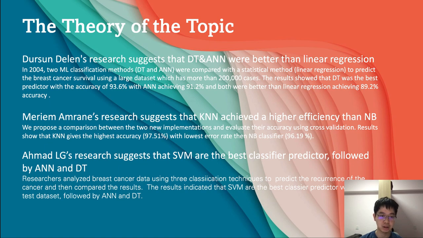And Amarin's work compares two new implementations and evaluates their accuracy using cross-validation. They found that the KN model achieved a higher efficiency than the NB model. And Ahmad Alg's research suggests that SVM is the best classifier predictor, followed by AN and DT model.